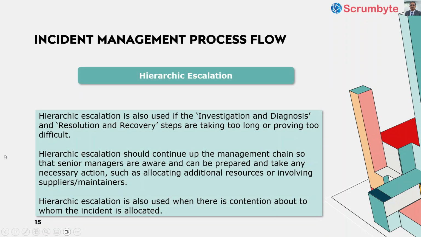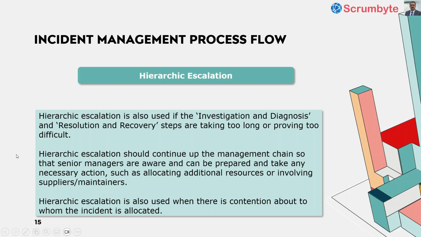Suppose the resolution and recovery steps are taking too long, and people are getting frustrated. Then you need to talk to the customer and tell them what exactly the problem is. The service desk person is not the real qualified person, right? So it must be the incident manager, or in some cases it may go even beyond that.